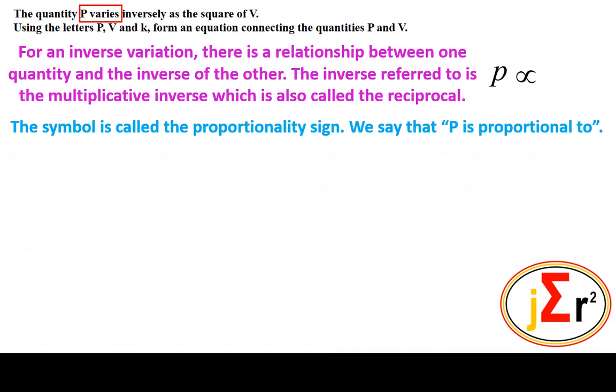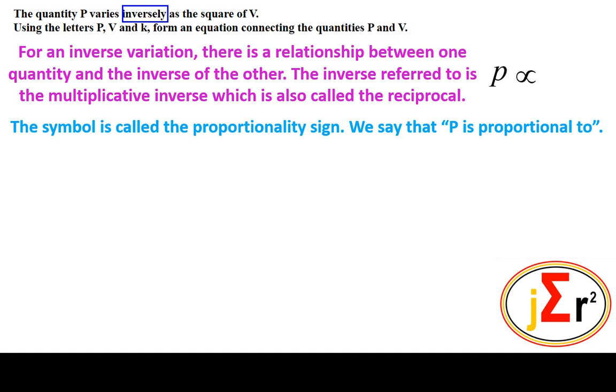We say that P is proportional to whatever is there to follow. And what will follow? Of course we are saying inversely, because it matters whether it varies directly or it varies inversely.